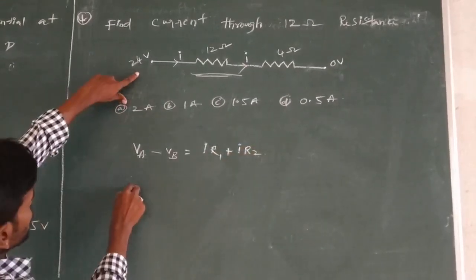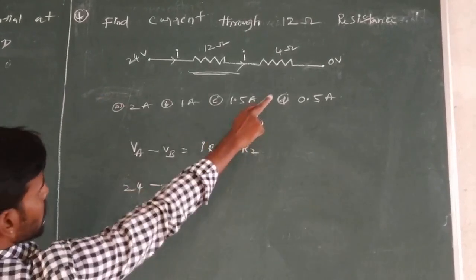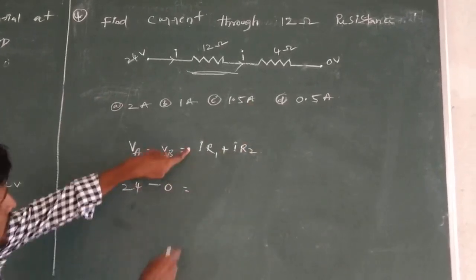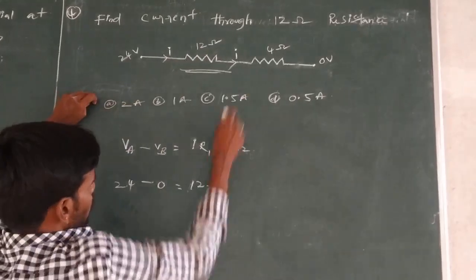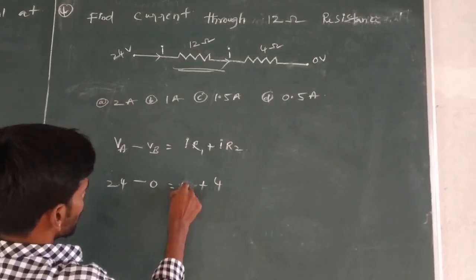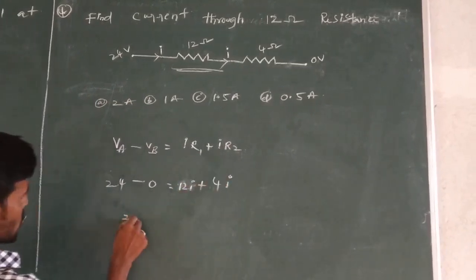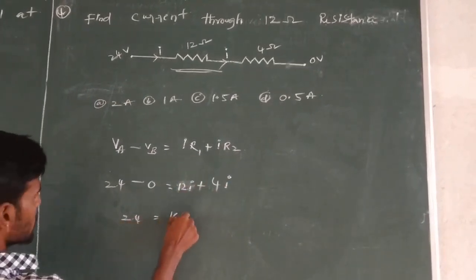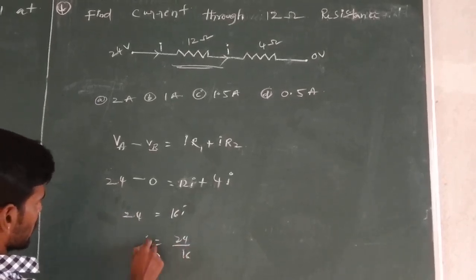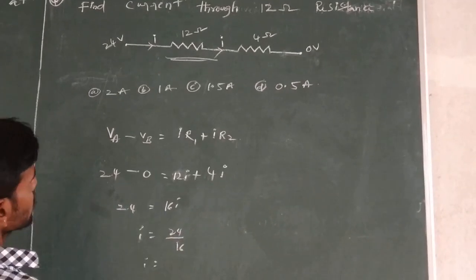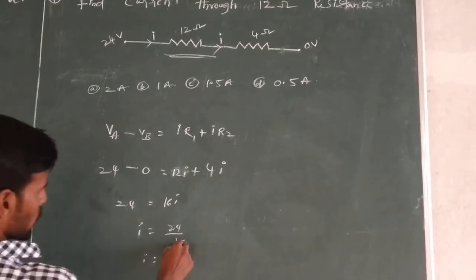VA is 24 volts and VB is 0 volts. So 24 is equal to 12I plus 4I, which is 16I. So I is equal to 24 by 16, which is 1.5 amperes.